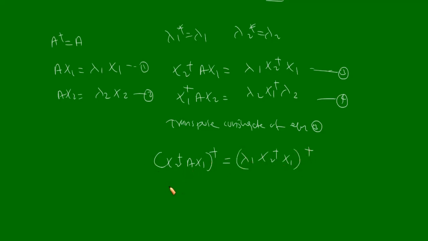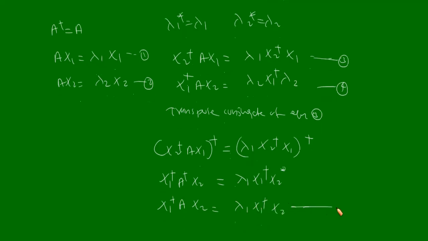Okay, here you will have x1 dagger A dagger x2, and that will be equal to lambda 1 star. Lambda 1 star is equal to lambda 1, so again lambda 1, then x1 dagger x2. Now A dagger is A, so this is x1 dagger A x2 is equal to lambda 1 x1 dagger x2. Now this is equation number 5.